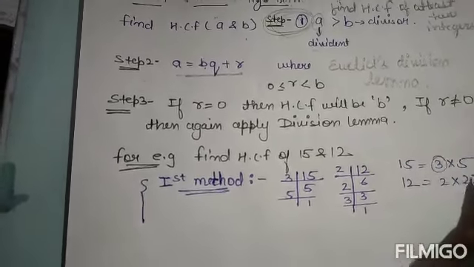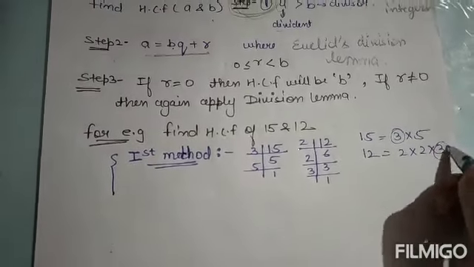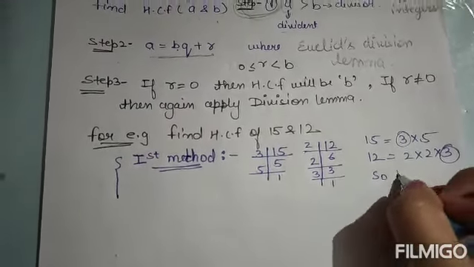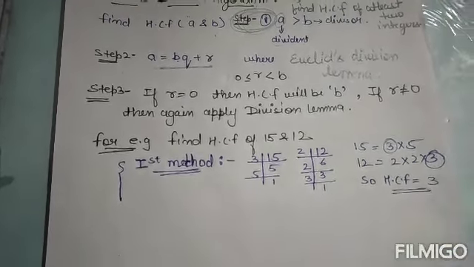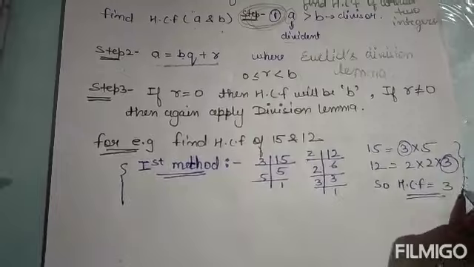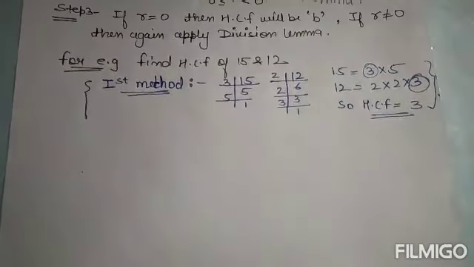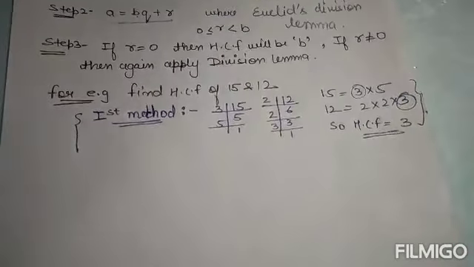Now the common factor is 3, so the HCF is also 3. This is one of the methods which you have studied in your previous classes.